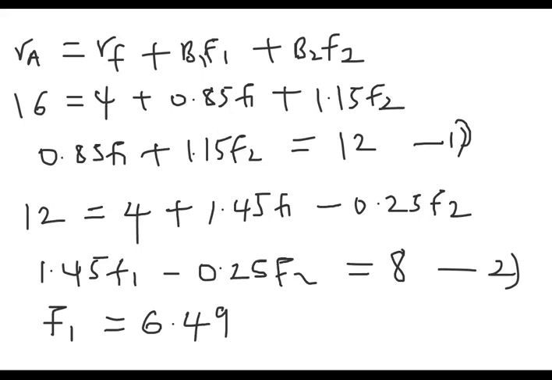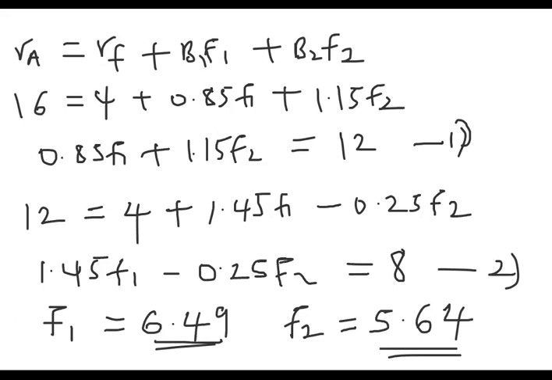And the risk premium for factor 2 equals 5.664 to 2 decimal places. So this is the risk premium for factor 1 and this is the risk premium for factor 2, and that is all. So let's look at the third question for today.